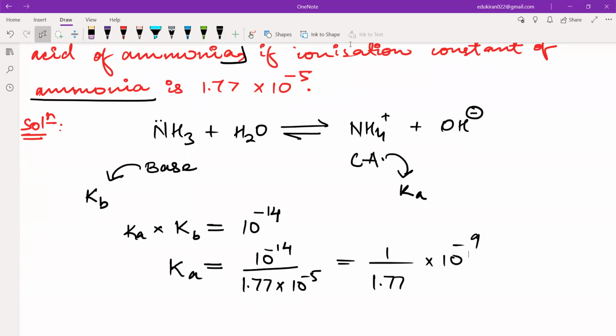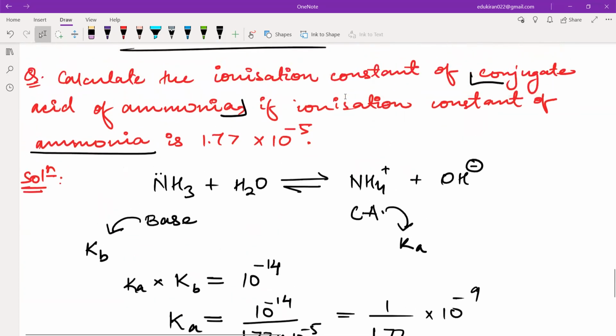Sir, why would it be 1.77 into 10 raised to positive 5 or negative 5? It will not be. I was saying that some students have this urge, they don't read the question carefully. Calculate the ionization constant of the conjugate acid of ammonia if the ionization constant of ammonia is 1.77 into 10 to the power minus 5. Many students have in their head that if it is opposite, then it will be either the reciprocal, or the minus will become plus, or the numerator will go to the denominator.